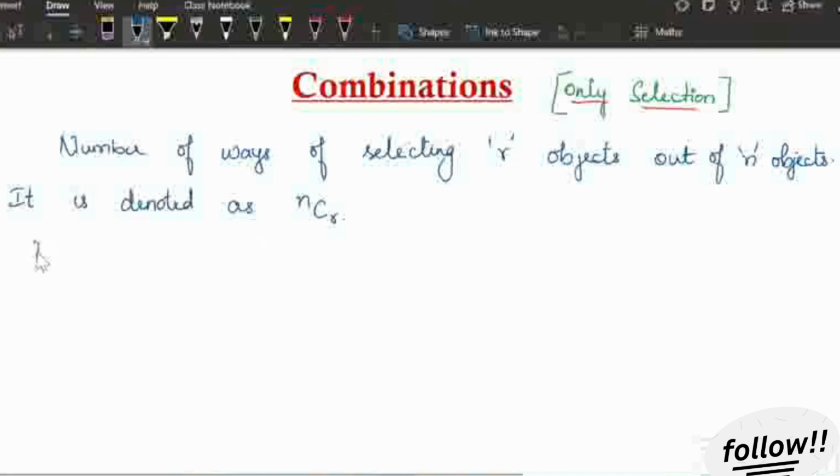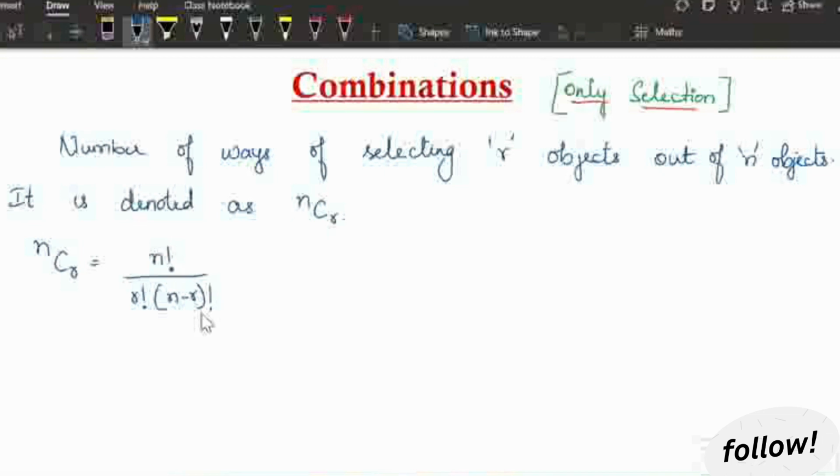Write down all the formulas. nCr is equal to n factorial divided by r factorial into (n minus r) factorial. This is the formula for nCr. If you observe, n factorial by (n minus r) factorial is nothing but the formula for permutation, right? Here you have an extra r factorial in the denominator.